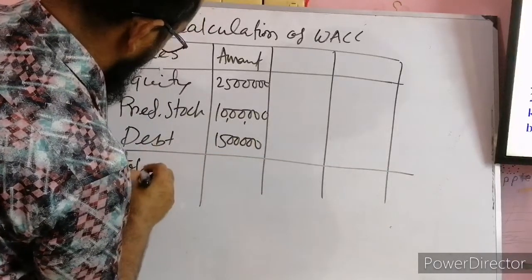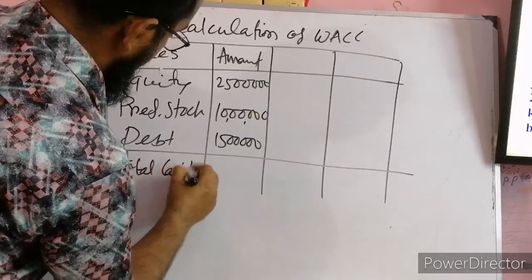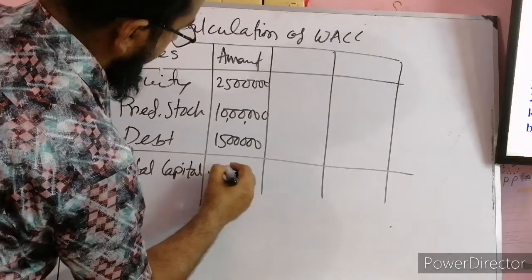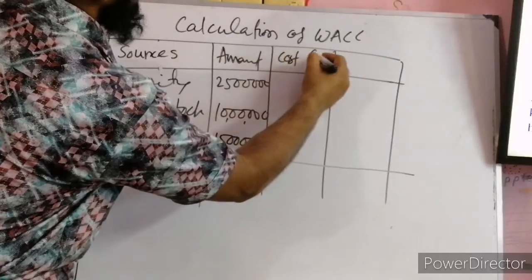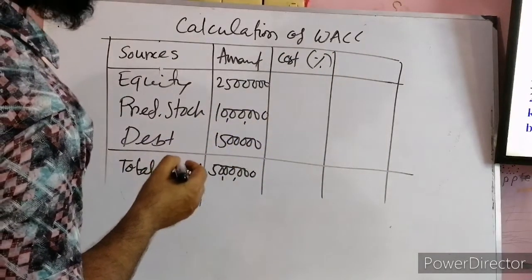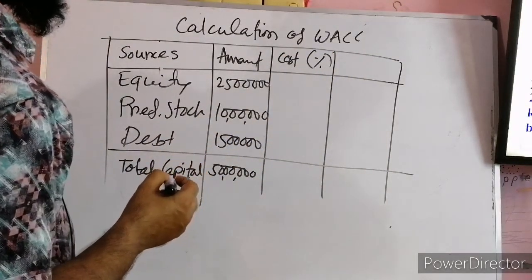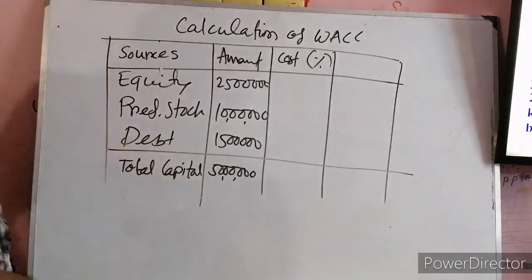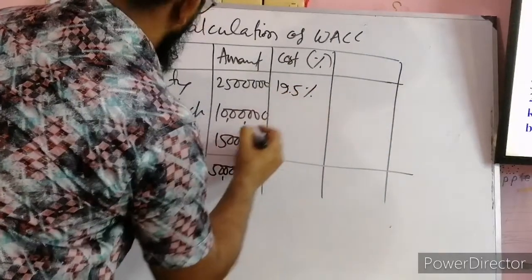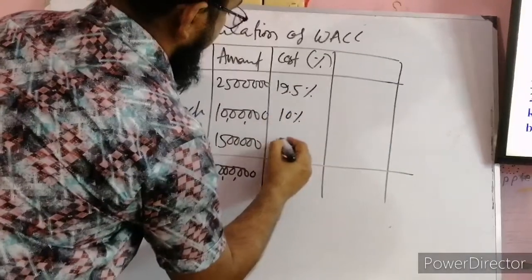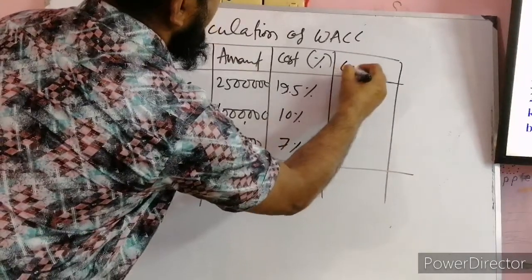Total capital is 50 lakh. Cost in percentage term: equity 19.5%, preferred stock 10% and debt 7%.